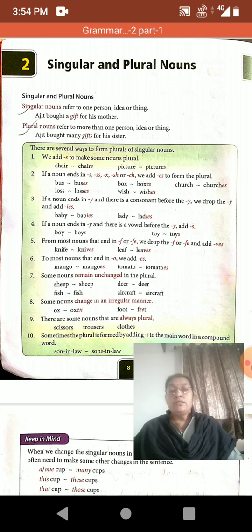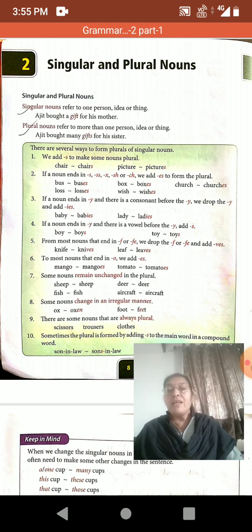Plural nouns refer to more than one person, idea or thing. Ajit bought many gifts for his sister. They talk about more than one, so it's called plural.